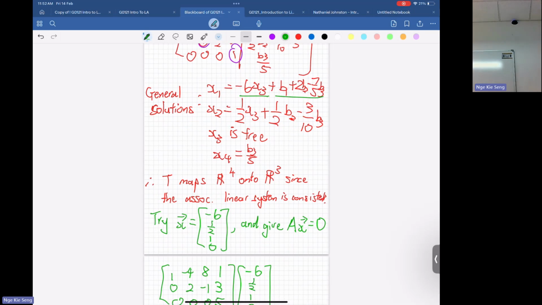This is a translation of your homogeneous solution actually. This matches what we discussed last time: the solution to Ax equals b is all the solutions that you add to your homogeneous part.